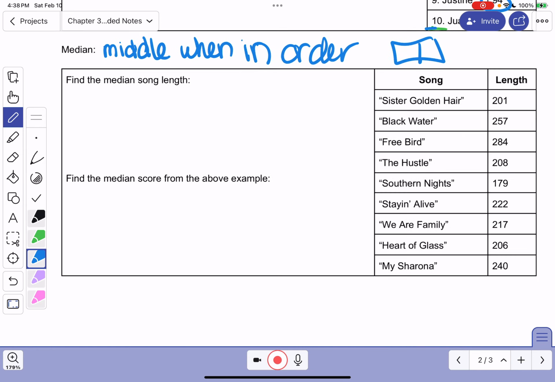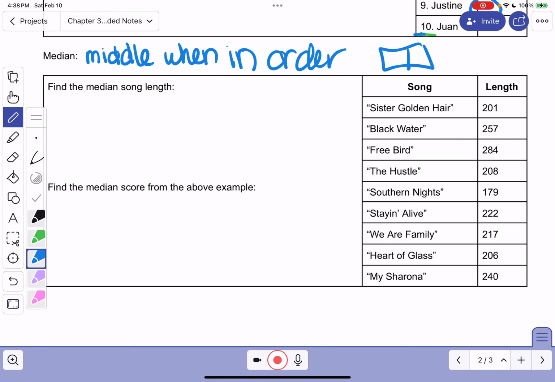So let's look at median song length. First we need to make sure these numbers are in order. So 179, 201, and 208. Oh, 206 goes in there. We have 217, 222, 240, 257, and 284.